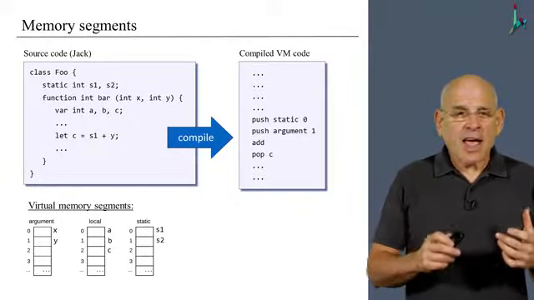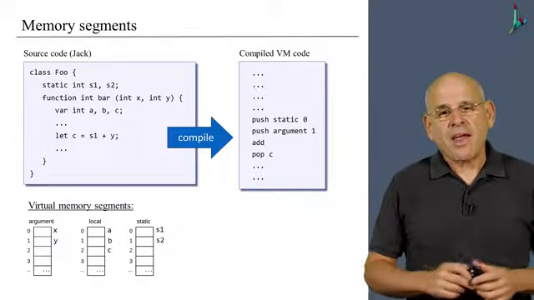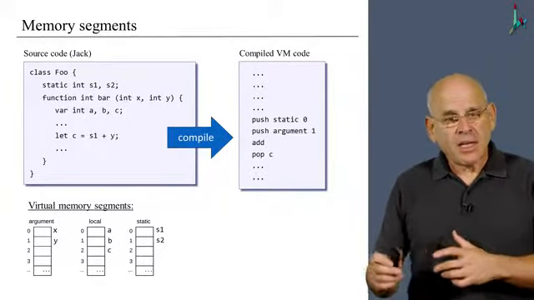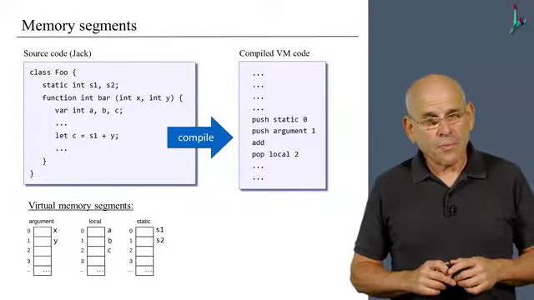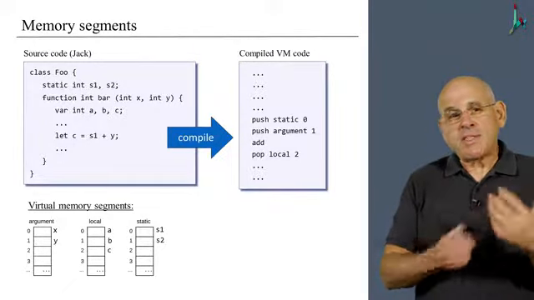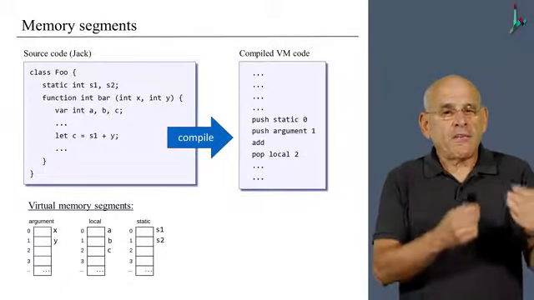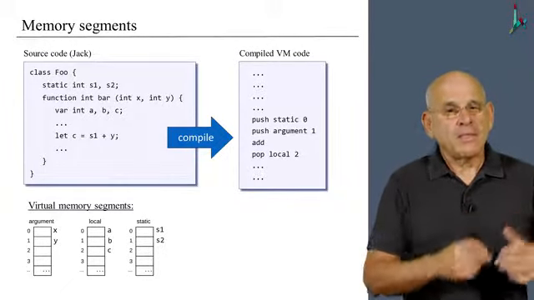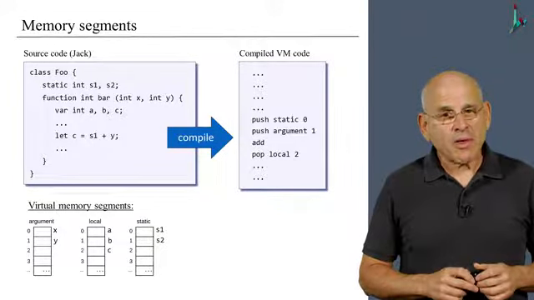And instead of saying add, well, add is add. There's nothing to change. But instead of saying pop C, we're going to say pop local 2. So we see that once we use the segments in this way, we're going to be able to preserve the role semantics of these variables also in the VM abstraction.